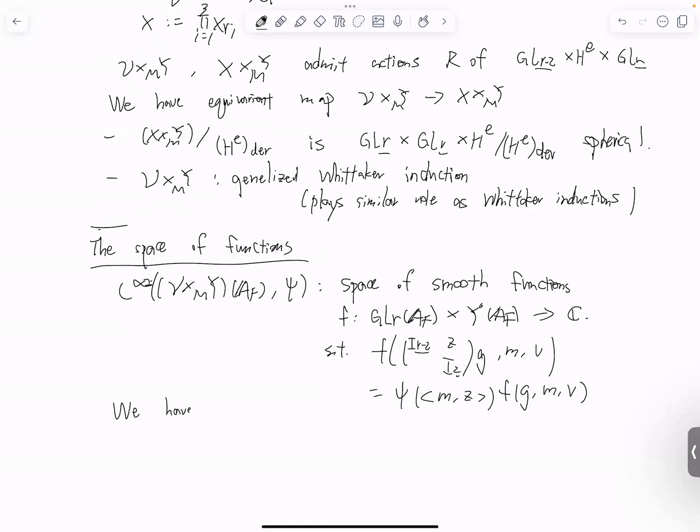And then we have an action on the space of functions A cross Y, AF, psi.